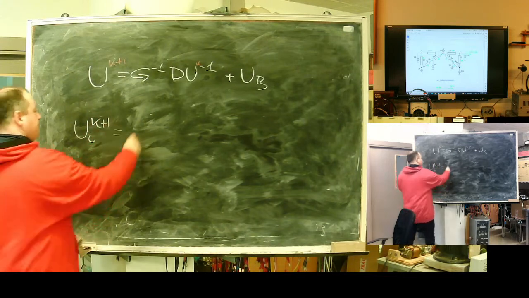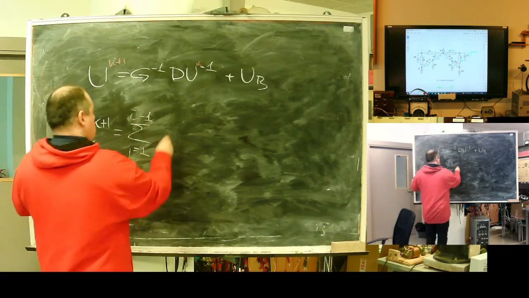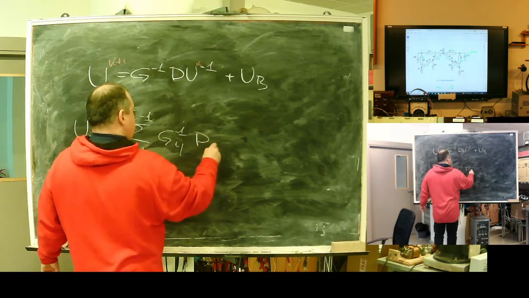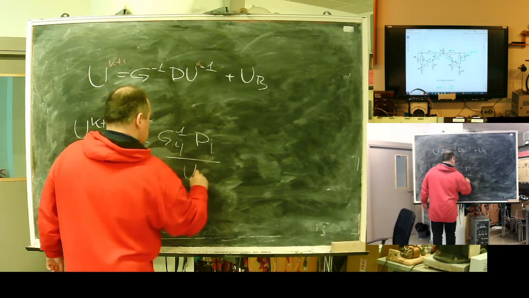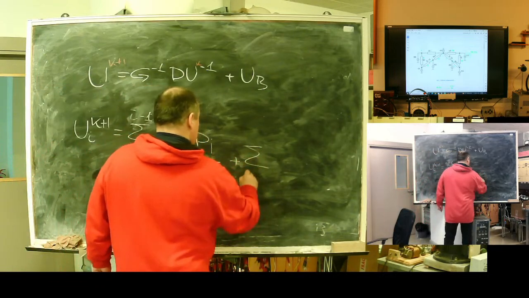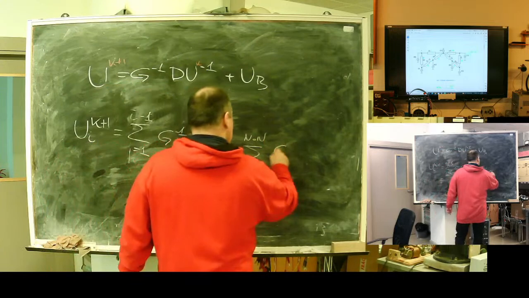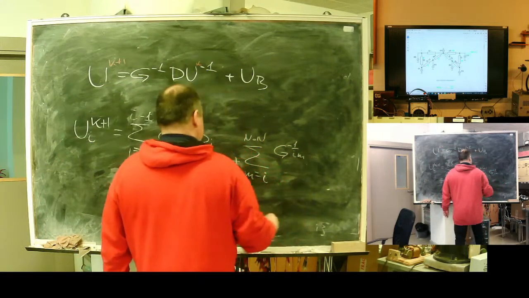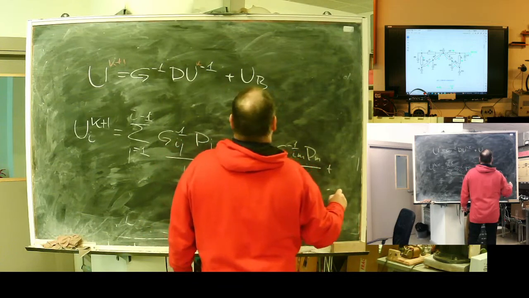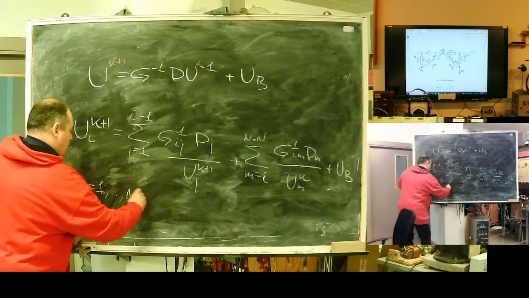Next will be the sum from 1 to i minus 1 of inverse, multiplied by next, plus the sum from i to the number of nodes of inverse, multiplied by previous, plus the base node voltage, for i from 1 to the number of nodes.